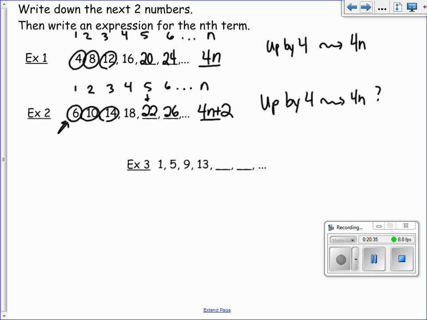Okay, so here's the one I want you and your table mates to try. 1, 5, 9, 13. Fill in the next couple, ask yourself what they're going up by, and then how these compare to the straight multiples to write the formula.